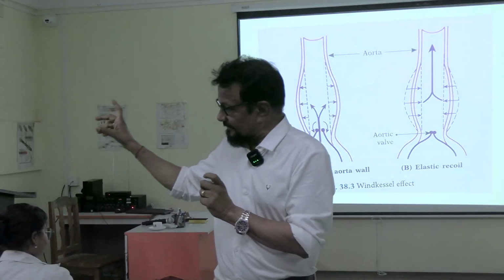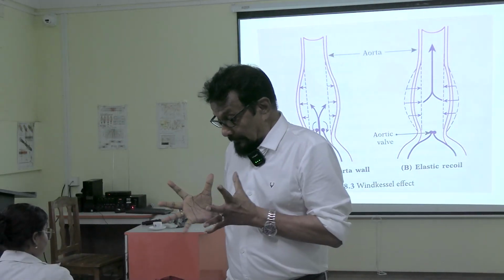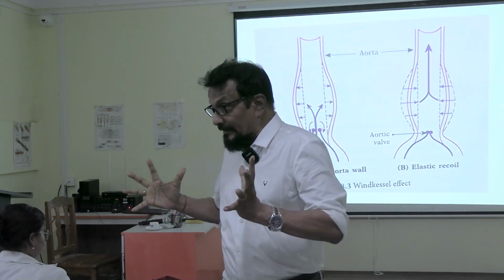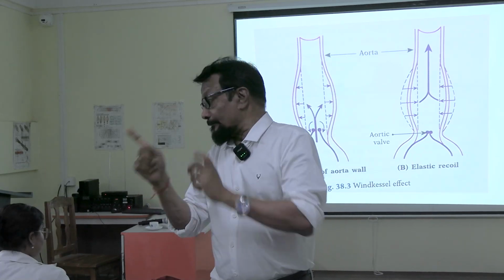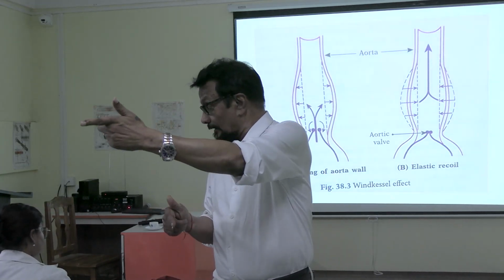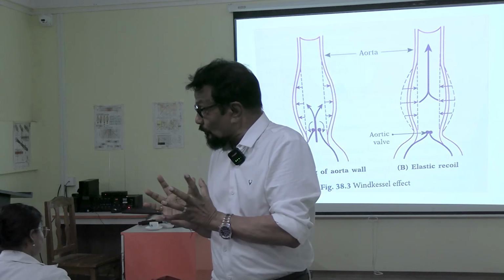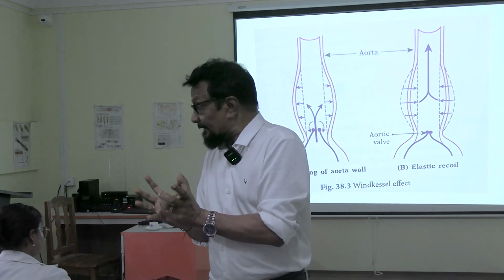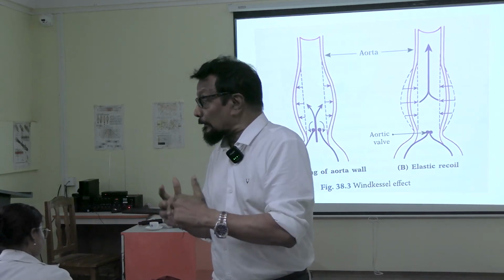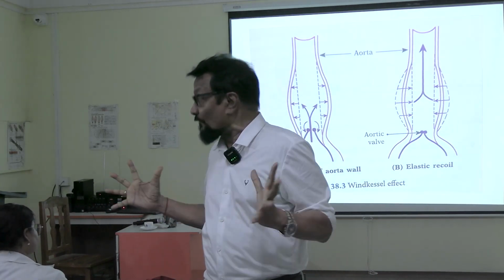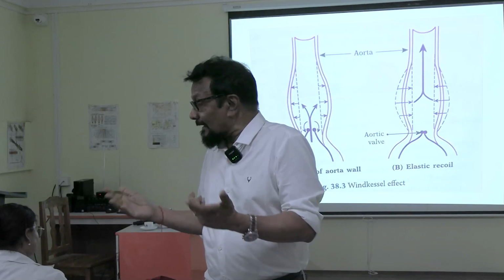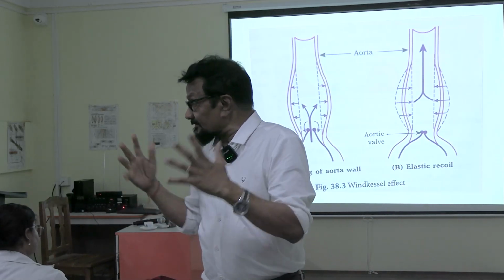Because the resistance is more, the ventricle is unable to eject the blood. If it has to deliver all the 70 ml, then it has to generate a lot of pressure, a lot of contracting force. But the heart does not have that much force.